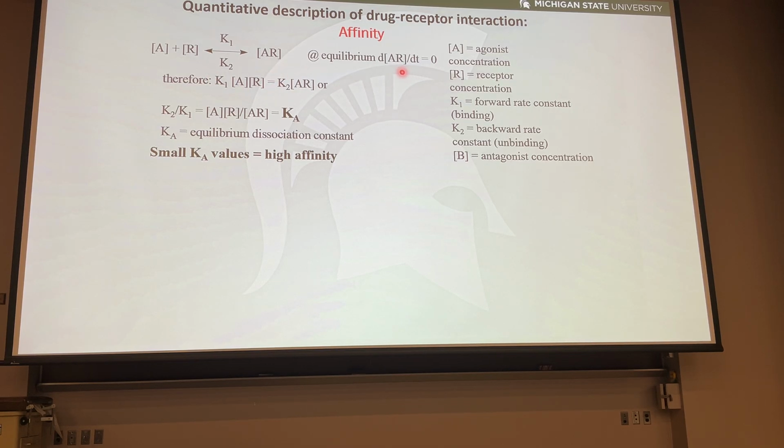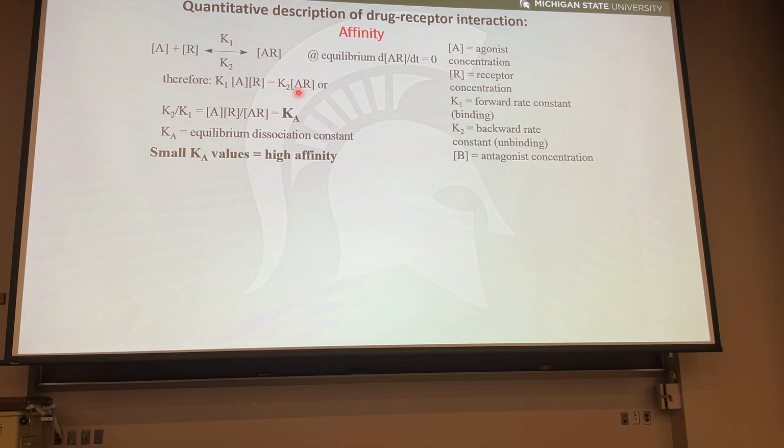Due to the fact that at equilibrium, these two are equal, so we can set them equal to each other. Here we have our on rate, our association rate times the concentration of the two individual components will equal the off rate, or the dissociation rate, times the concentration of the drug and receptor in complex.